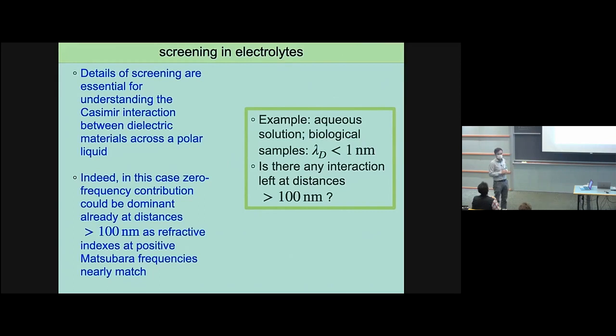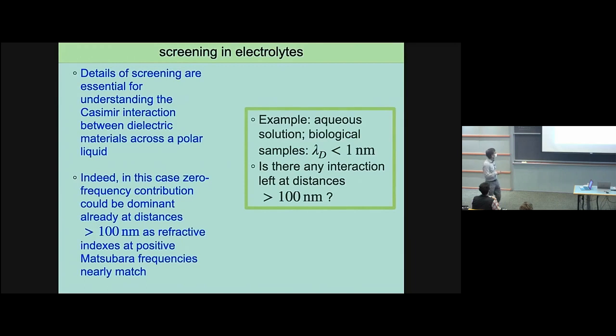It's very different from the case of metals, right? For metals interacting across a vacuum gap, the thermal contribution, the zero frequency contribution, is dominant only at distances larger than, say, 7 microns or so. This was mentioned by Umar and by Galina earlier.